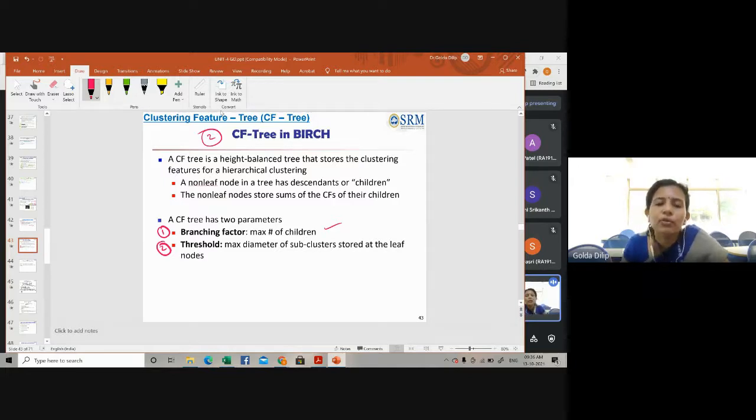Threshold means the maximum diameter of the subclusters stored at the leaf node of the tree.